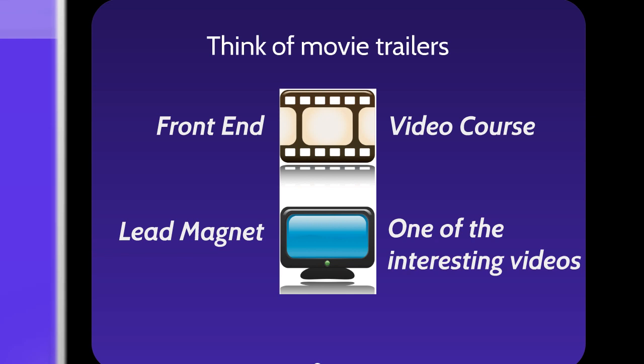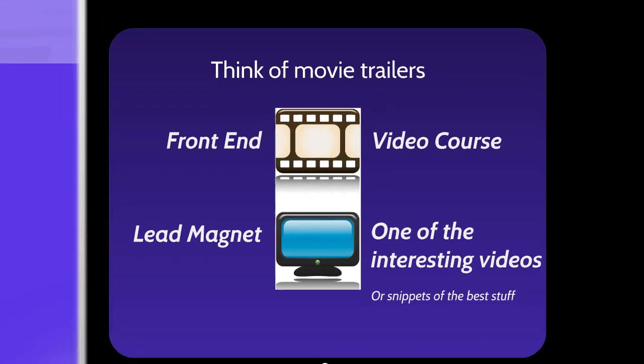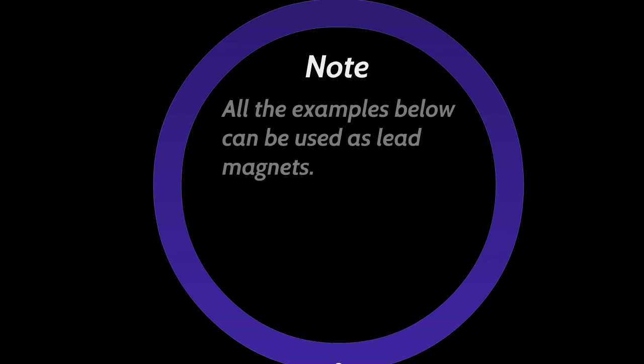They want to see the best parts, the best selling points about your video course or your video product. This could be applied to just about anything else as well. Even though I'm talking about a video course, this could be applied to an audio course. It could be applied to an ebook, same concepts. All right. So snippets of the best stuff would probably be best for a video course.